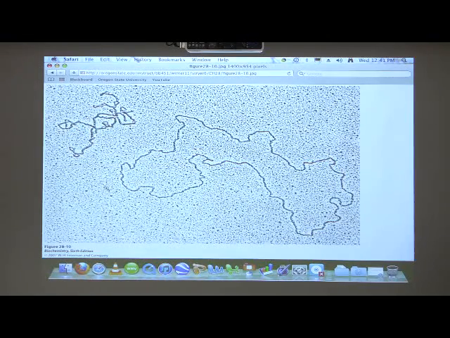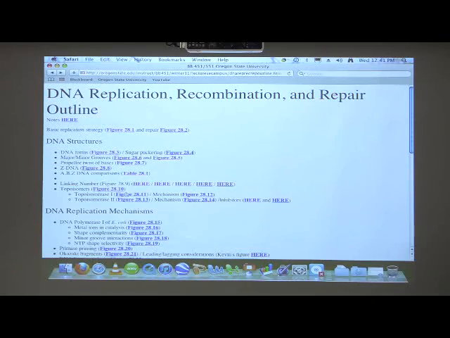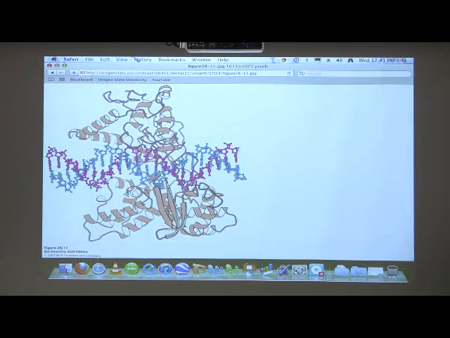Okay? Well, how do we get from this to this? How do we get a DNA to become supercoiled? We don't have little fingers that come in there and unwind it and then put it back together. It turns out cells have enzymes called topoisomerases that do just that. Okay? A topoisomerase is an enzyme that will change the writhing of a DNA.